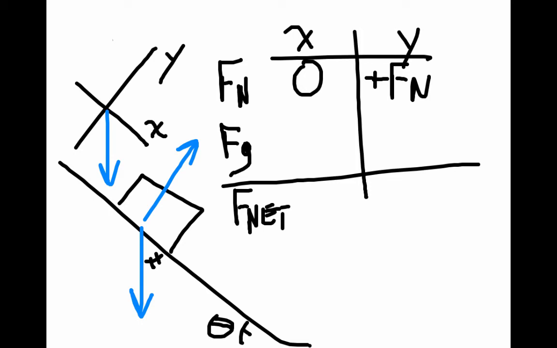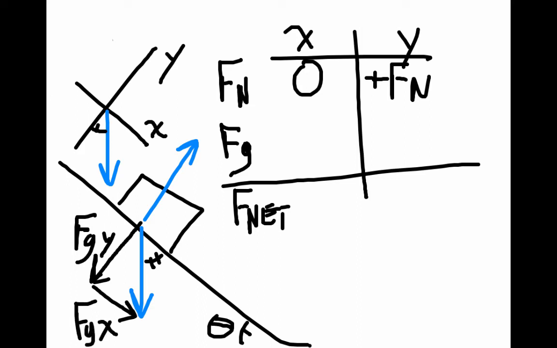So that means this inside angle right here on my tilted plane must also be 30 degrees. So really what I've done is I've taken this force here and broken it into two pieces. This is my gravity in the y direction, and this is my gravity in the x direction.